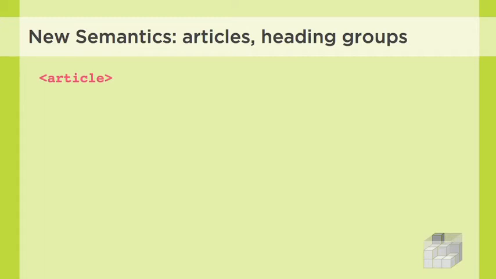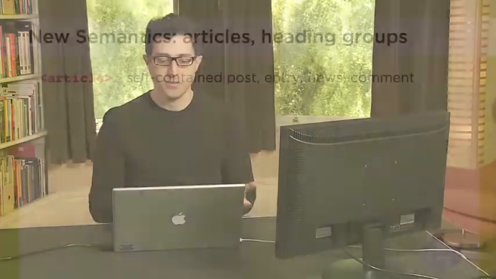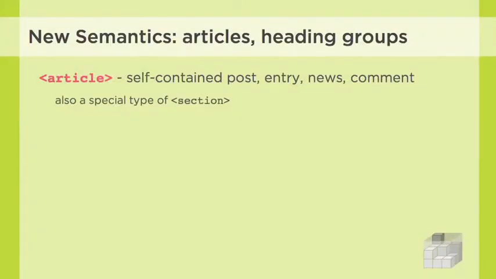An article is a self-contained post, perhaps a news article, a story, a blog, anything that seems like a self-contained chunk of content that could stand on its own, perhaps on its own page even, but happens to be included on a page, maybe with other pieces of content. That qualifies as an article. In fact, article is a special type of section. It's got all the same properties and attributes the section does, and it can also contain a header and a footer and its own navigation.